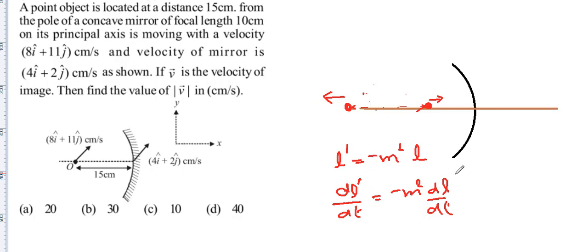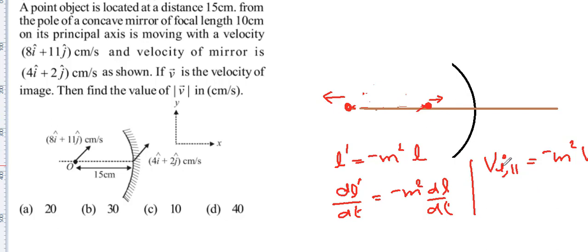And dL dash by dt is the velocity with which the image is moving, and dL by dt is the velocity of the object. But this time, this velocity is parallel to the principal axis. So this is the parallel velocity. Earlier we did the perpendicular velocity. Now I am taking the parallel velocity.